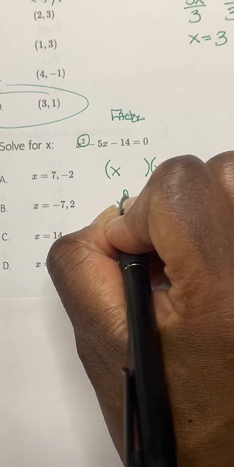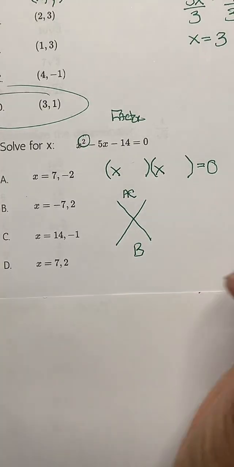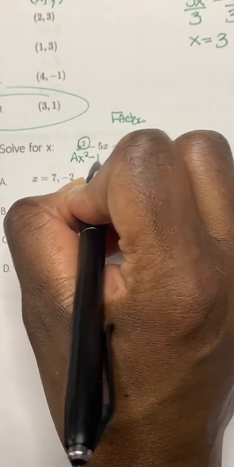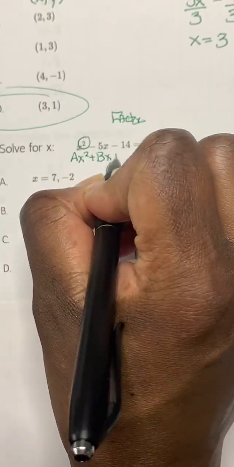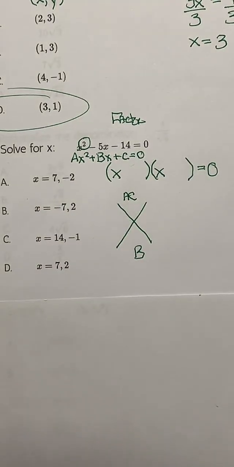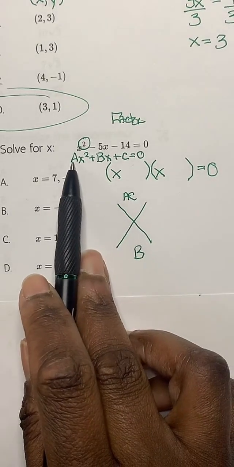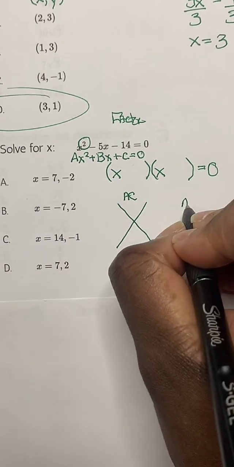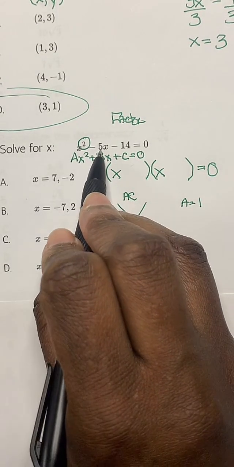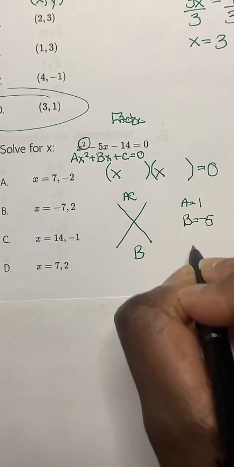So this is when I like to do the AC method. And you're probably saying, well, what's the AC method? Well, that's all based on what's called the standard form. The number in front of the x squared is your a. In this case, it's a 1. The coefficient in front of the x is your b. In this case, it's a -5.